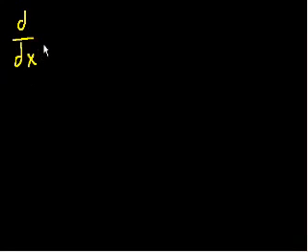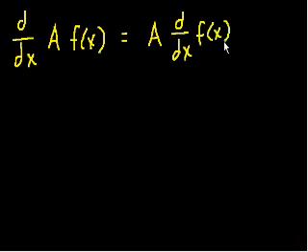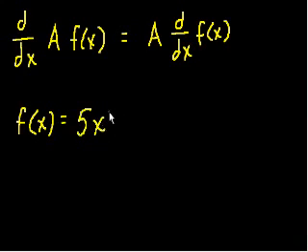So if I wanted to find the derivative of a times f of x, where a is just some constant number, it could be 5 times f of x, this is the same thing as saying a times the derivative of f of x. What does that tell us? Let's say I had f of x is equal to, and this only works with constants, f of x is equal to 5x squared.